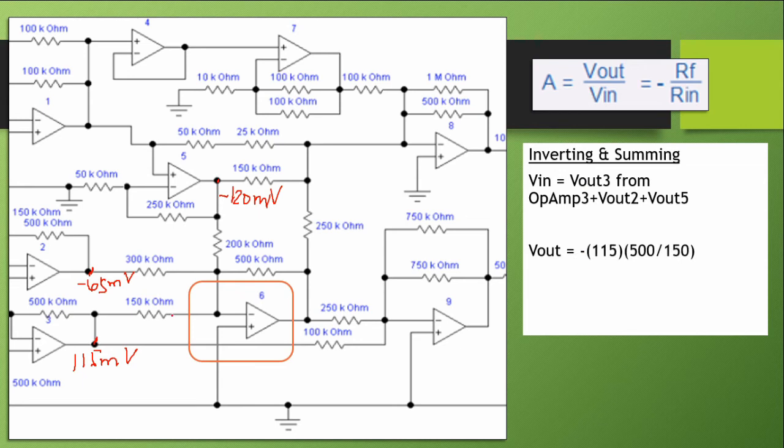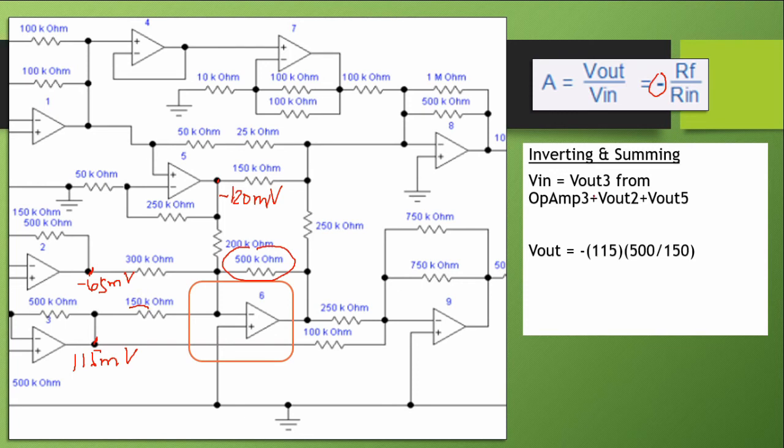So for the first op amp, our RF is 500. We ignore this part here. I equals 0 here. We ignore this. Considering only this, V out is negative of 115 times 500 over 150, since this is an inverting amplifier.